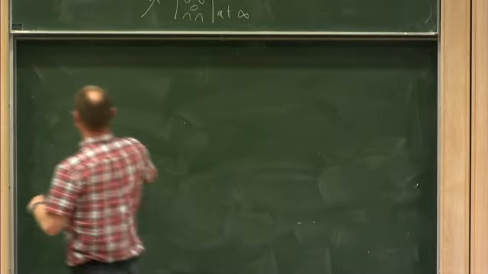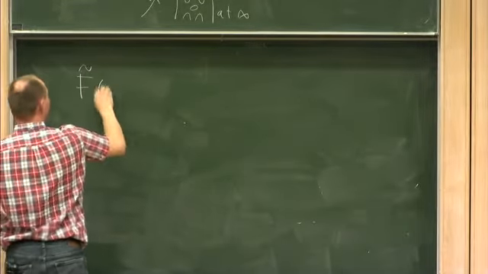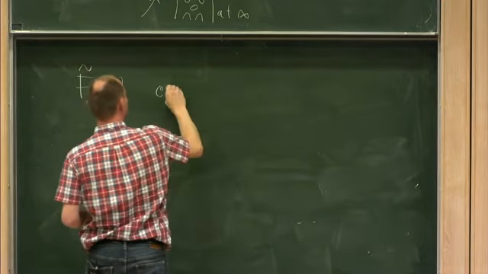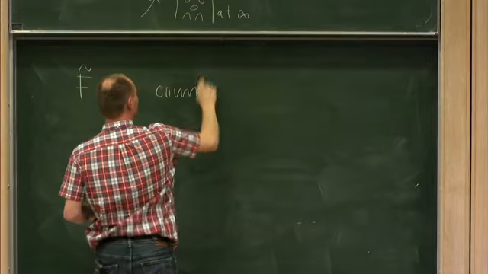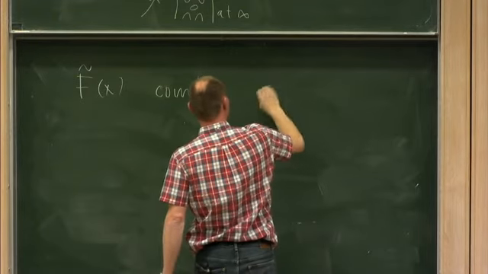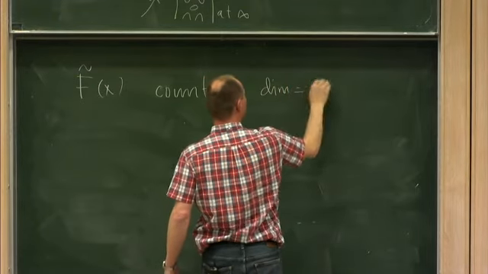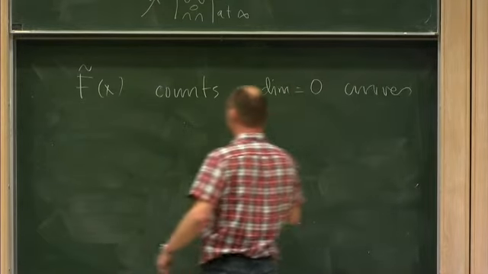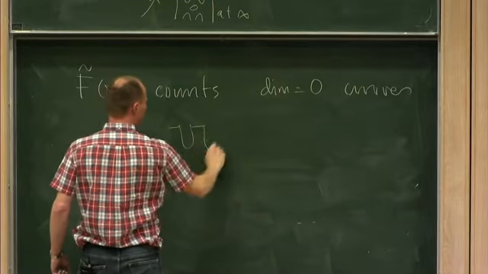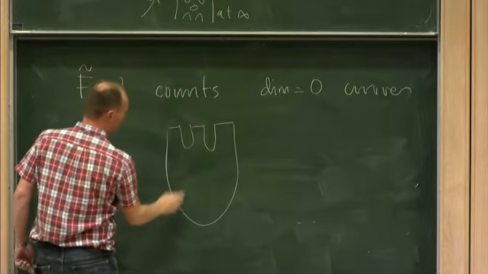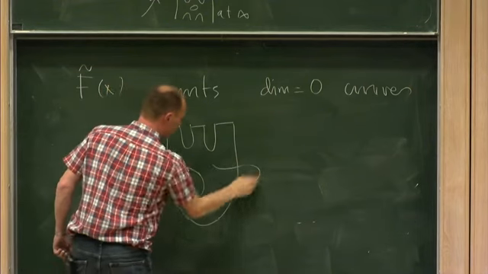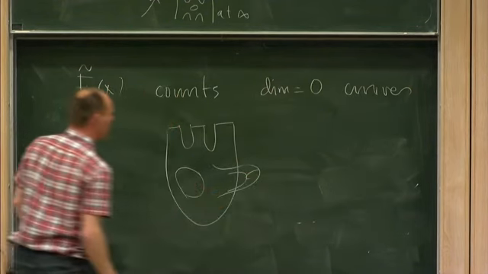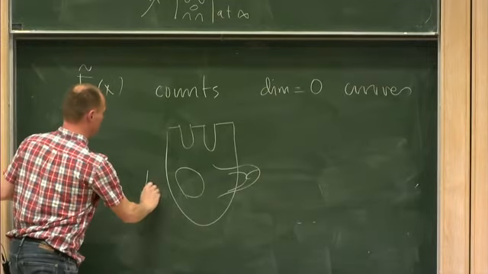So I should say what this counts. So f twiddle counts dimension equals 0 curves of the following form. So it could have positive punctures and then holes and whatnot, genus, and boundaries on LK, right?